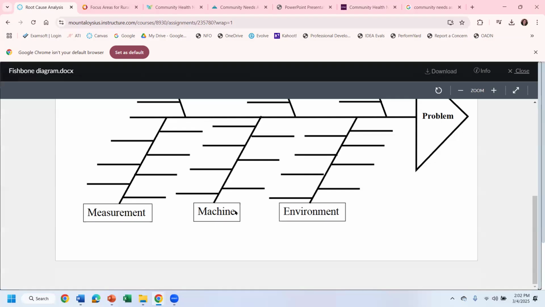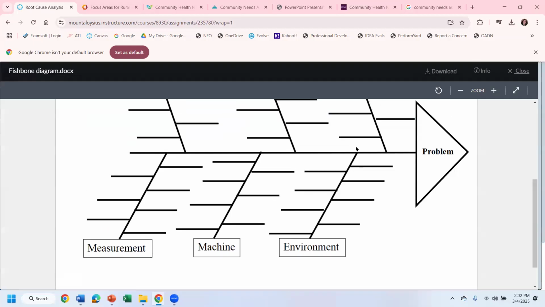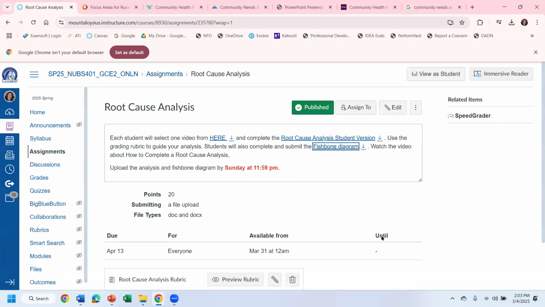Was there a machine failure or was it not available? Or maybe the environment. Was the lighting too dim? Was there something on the floor that caused a slip and fall and then a terrible sentinel event happening? All of these things feed into that problem that was identified.